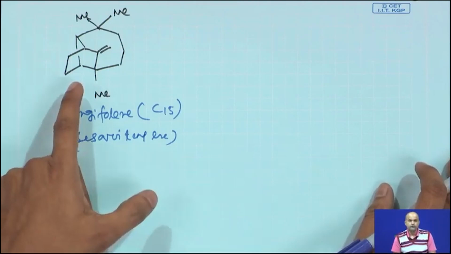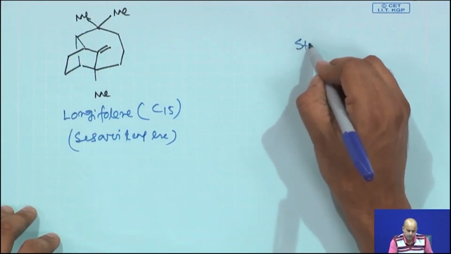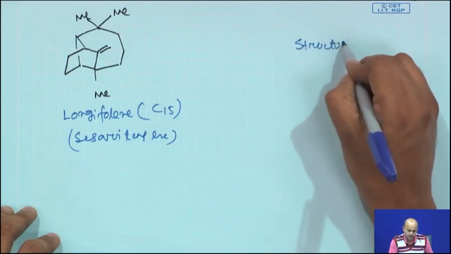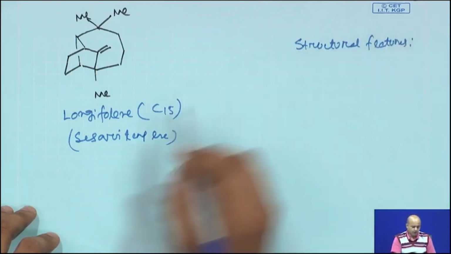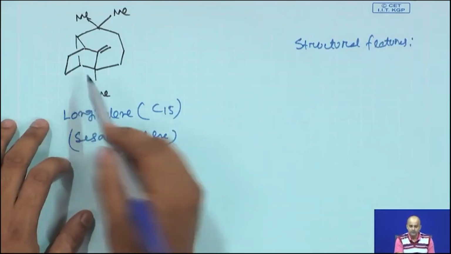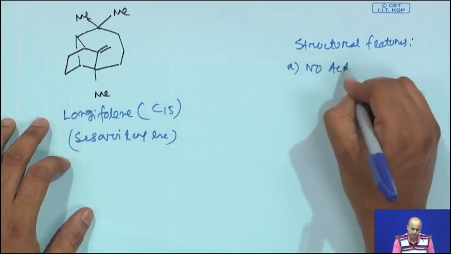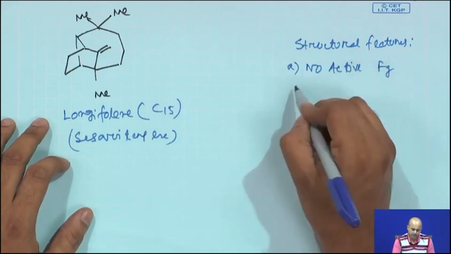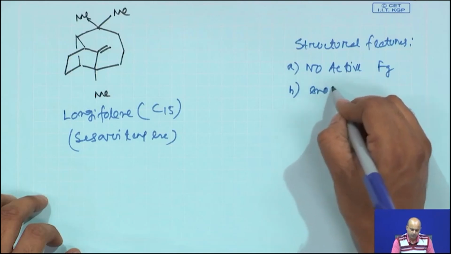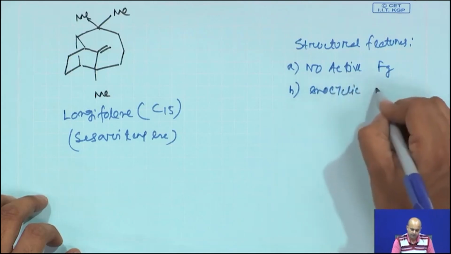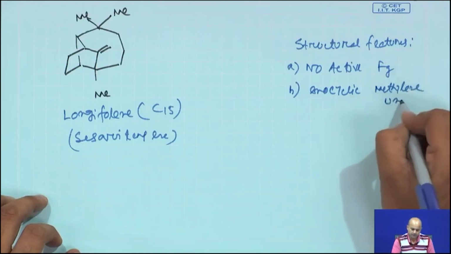Now, longifolene, if you see its structural features, whenever you try to get a target molecule, you first analyze its structural features. In longifolene there are absolutely no active functional groups, no active FG. There is only one exocyclic methylene unit.